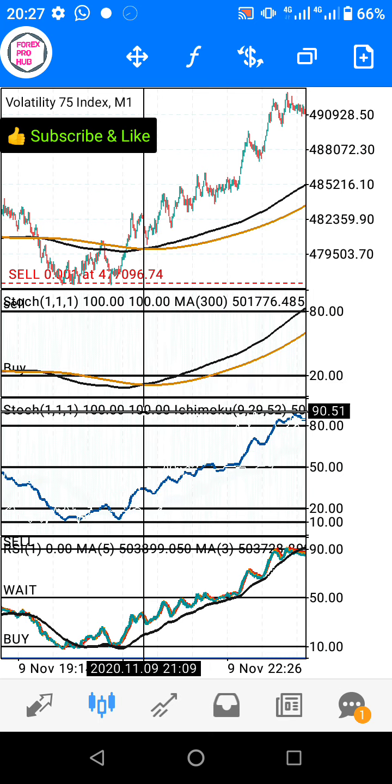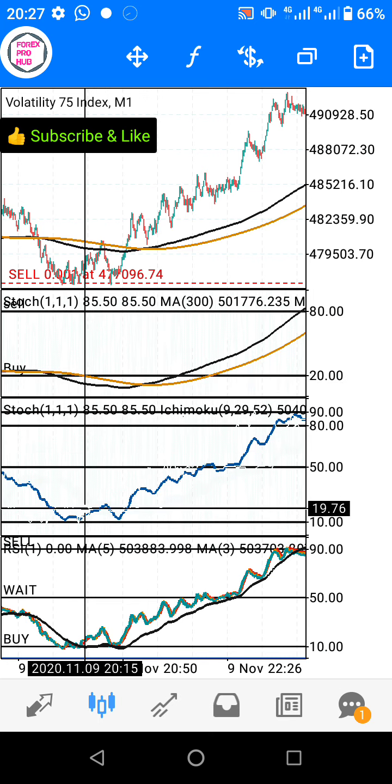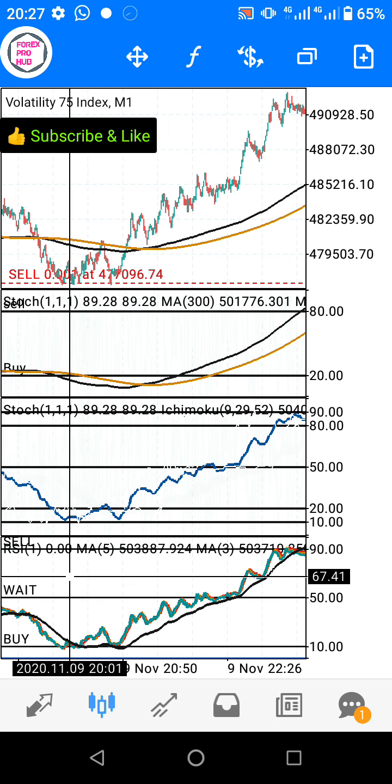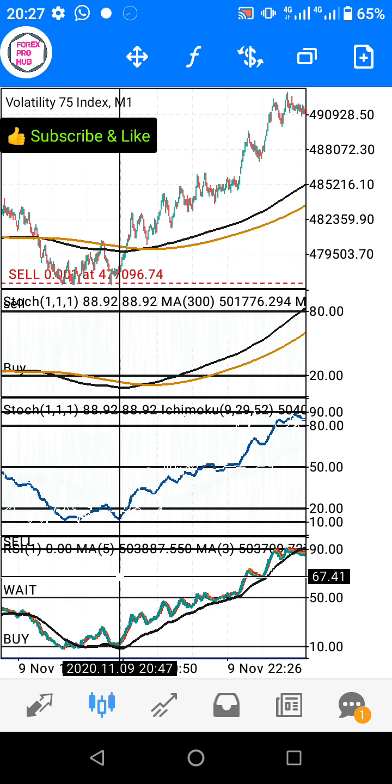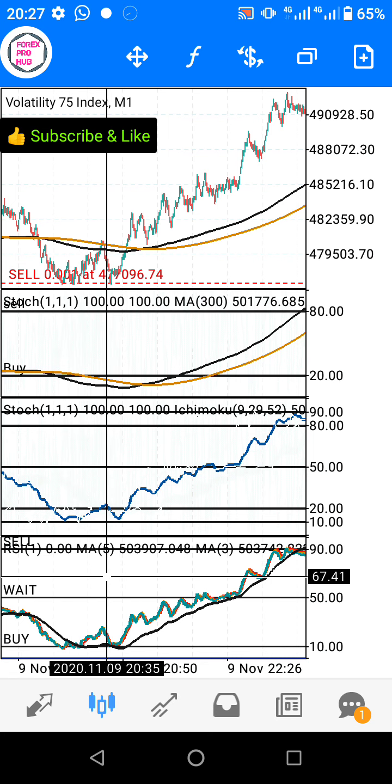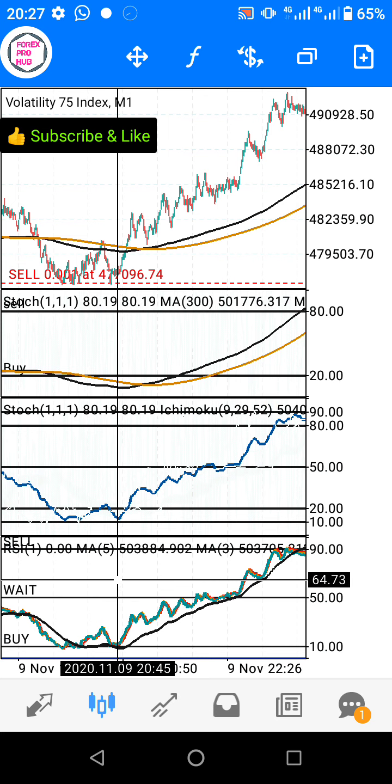Now you notice one thing: before the crossover happened, this indicator window 2, the Ichimoku, touches line 10. And when Ichimoku touches line 10, it is a clear direction to tell you that the market has gone down to the lowest points and is now going up.